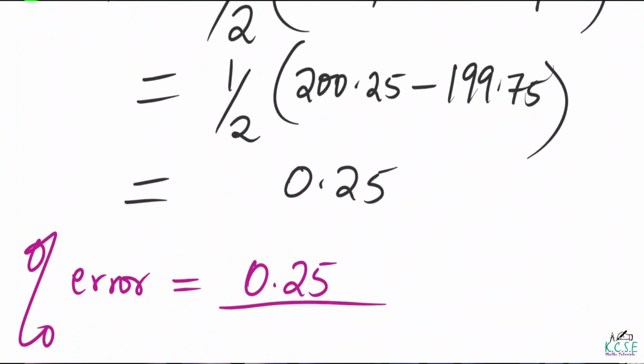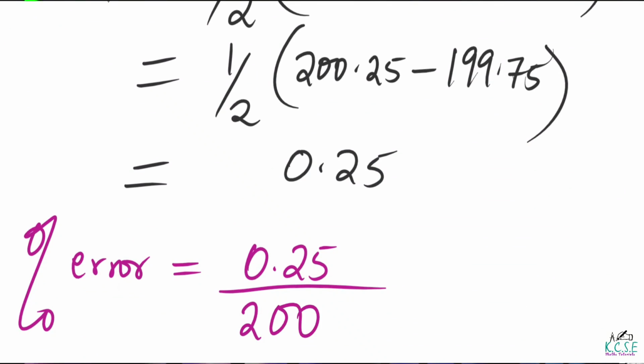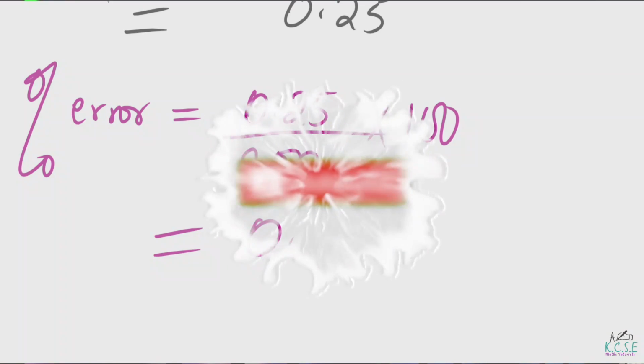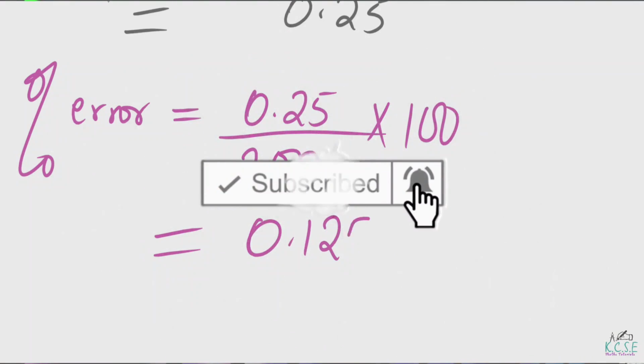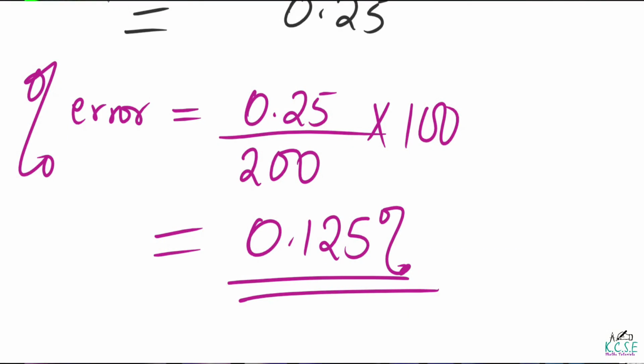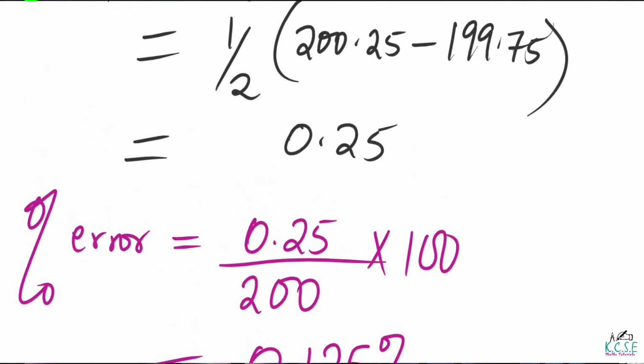The actual perimeter is 200. Everything multiplied by 100. So work it out using the calculator. This one gives 0.125%. That is how you're supposed to solve that question.